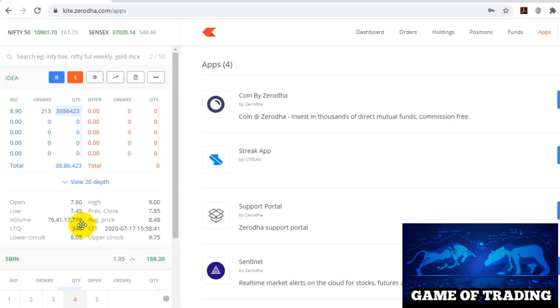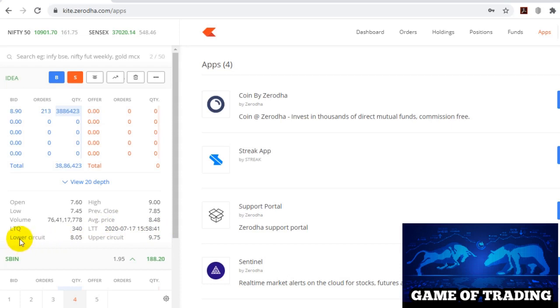As an example, if X sold 1000 shares to A and bought back those 1000 shares, then the volume would be 2000. This is very simple. And the average price of the share is traded at 8.48 paisa.